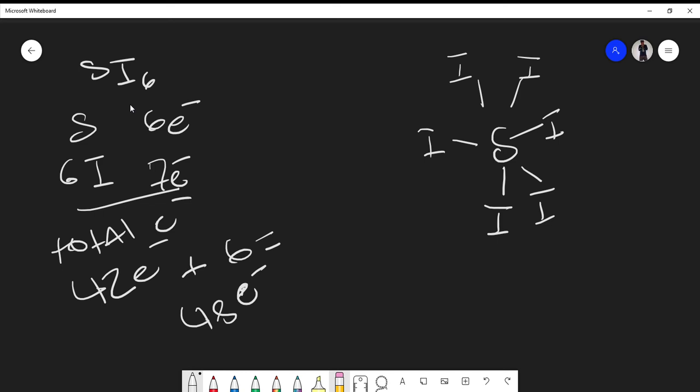So where do they go? Well, we know that iodine is one of the halogens, and that has to satisfy the octet rule. So let's go ahead and satisfy our iodines first, before we deal with the central atom. I'm going to replace my dots with single bonds, but they all mean the same thing.